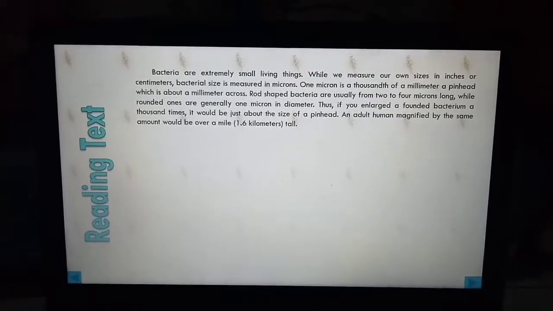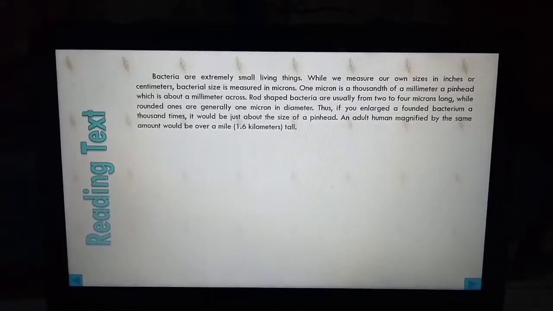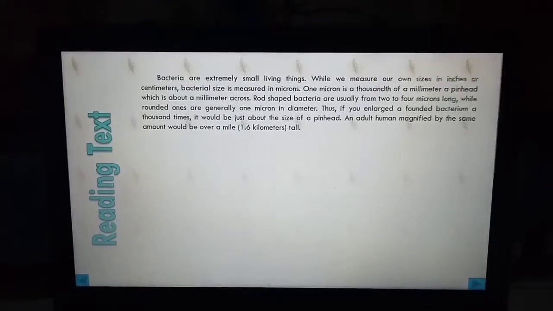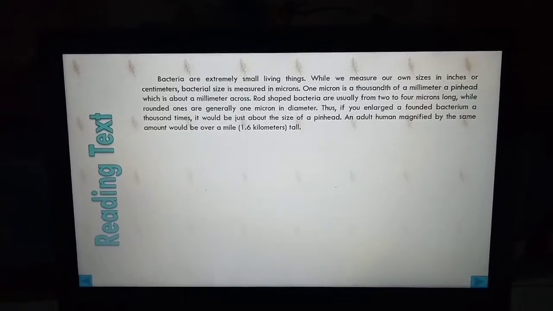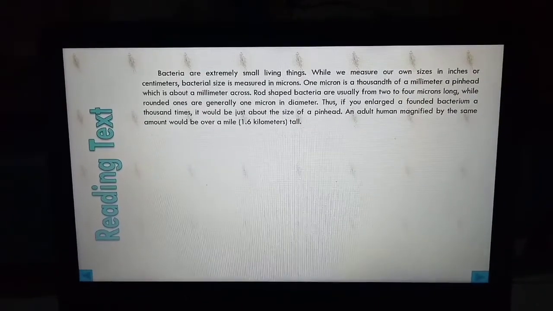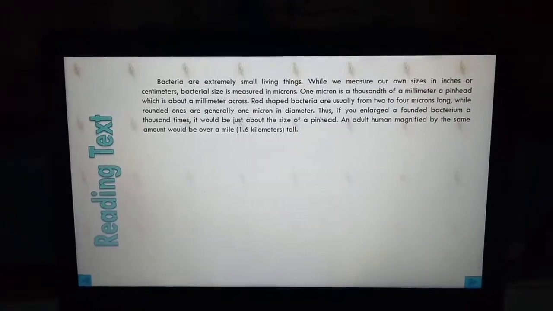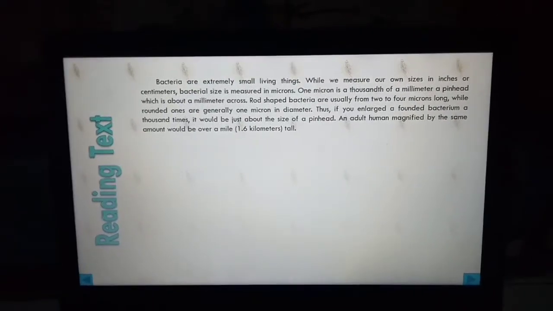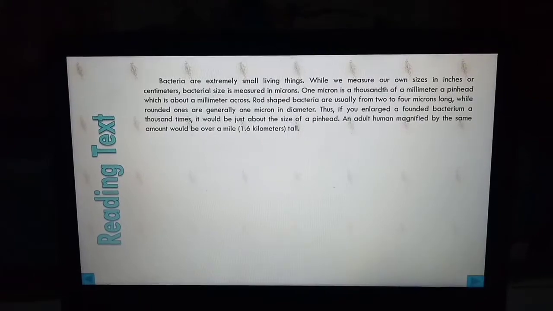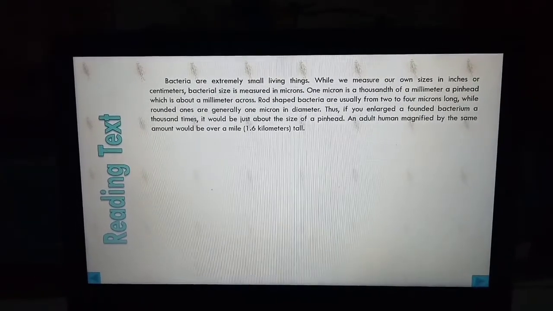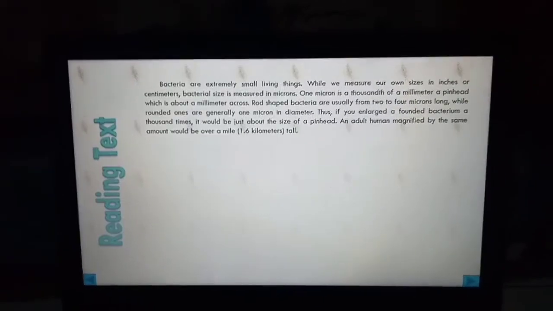Well-rounded ones are generally 1 micron in diameter. Thus, if you enlarge a round bacterium 1,000 times, it will be just about the size of a pinhead. An adult human magnified by the same amount would be over a mile, 6 kilometers tall.